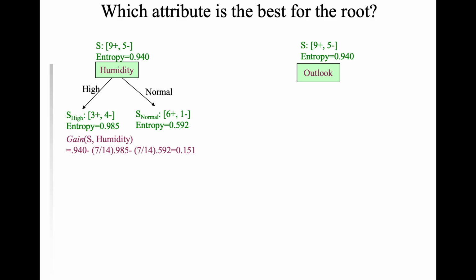So we have the entropy of S high, which is this number, and the entropy of S normal, which is 0.5. So the way it works is that you first calculate the entropy for each feature, for example here for humidity, and then based on whether it's high or normal, again you calculate the entropies and the information gain, right? The information gain is based on all those entropies.